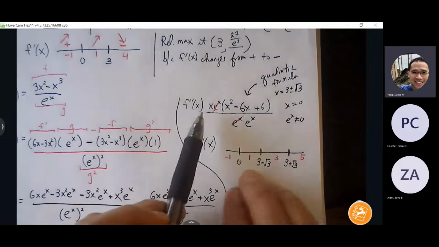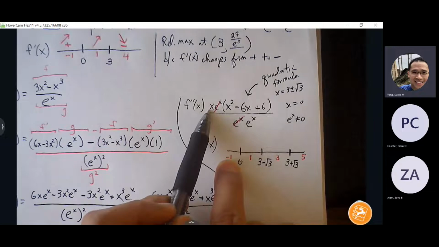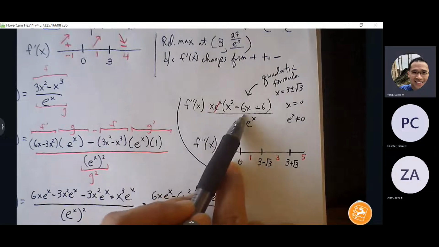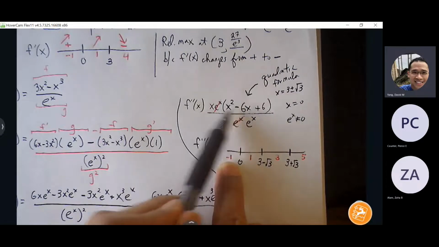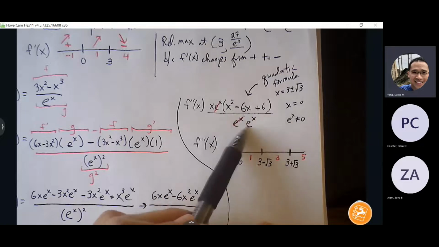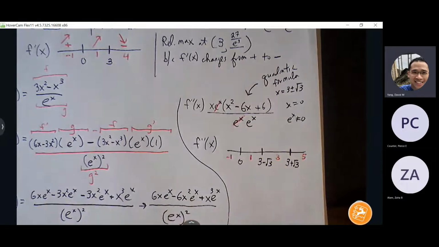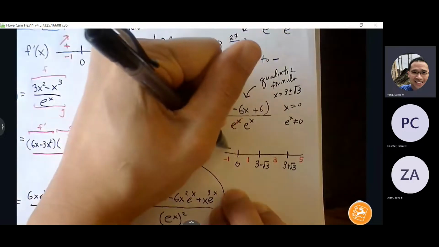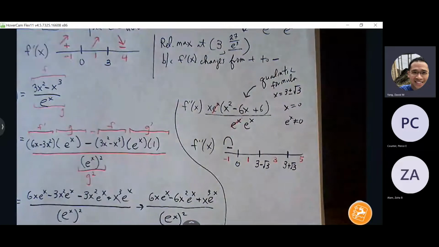Okay, I'll test against my second derivative function. This is negative. 1 plus 6 plus 6, that's positive, negative times positive. My denominator is always positive because e raised to any power, no matter what, will always be positive. Even if it's e raised to the -5, that's still 1 over e to the 5, that's still positive. But first interval, I get negative, so concave down.